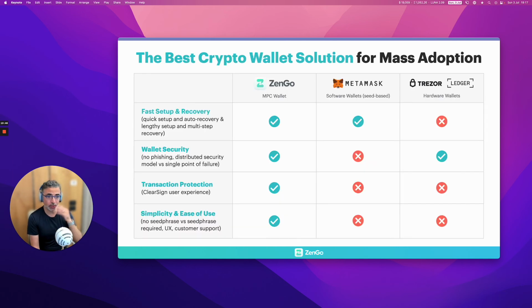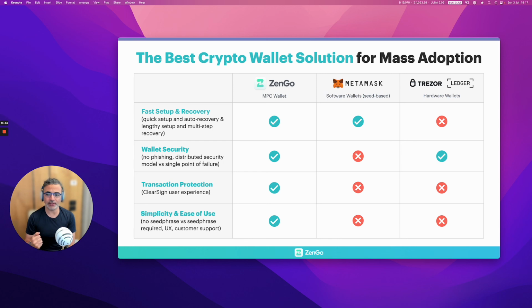And to summarize, I want to come back to why ZenGo is bringing such an advance in security protection in crypto wallets. This is something that is not said often enough and not said clearly enough, so I will take this opportunity to say it.